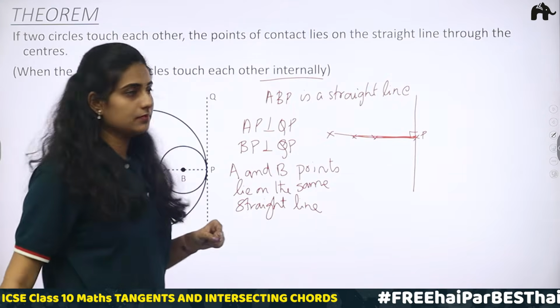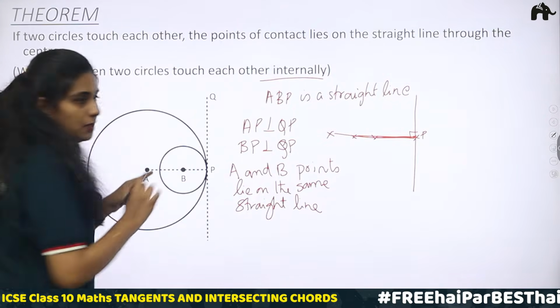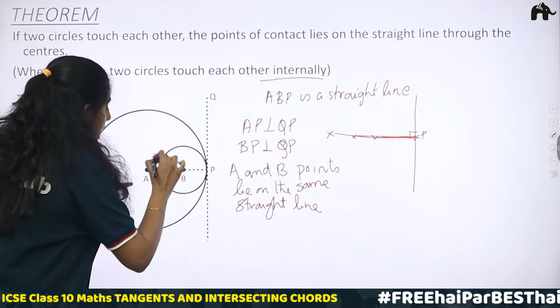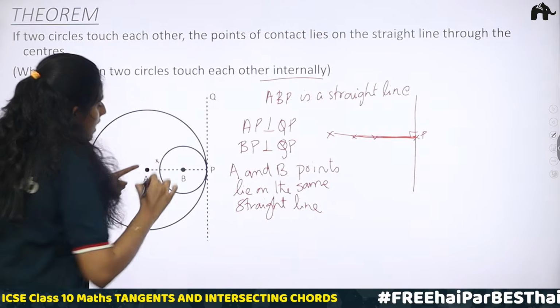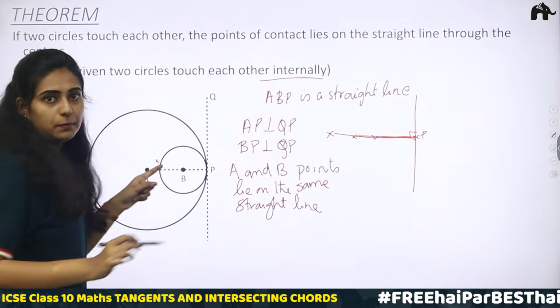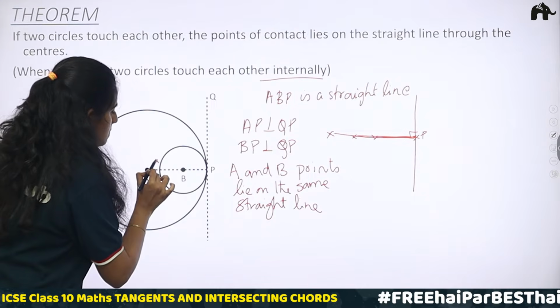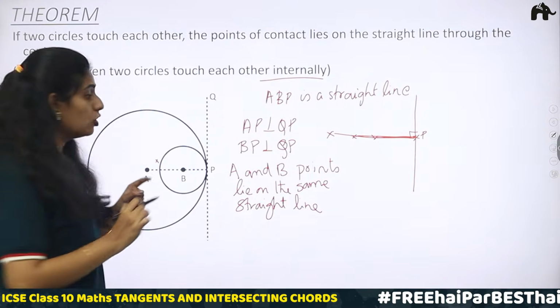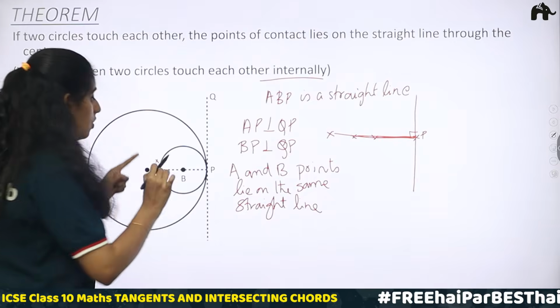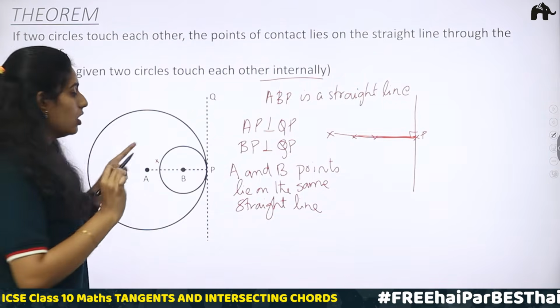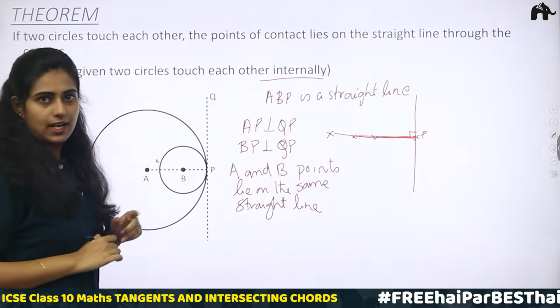Clear? Here, if you have any other points, when you draw lines, you will be getting perpendiculars. If the line is drawn with some other external points, you won't be getting perpendicular to this point P. Only from points that lie on this line AP, you can draw perpendicular lines.